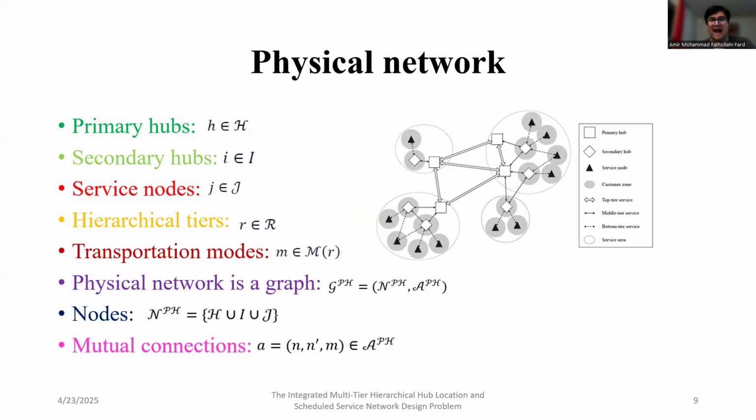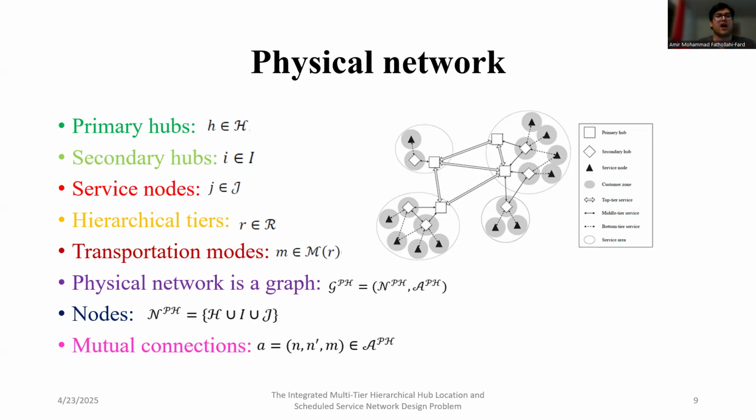So consider that we have three types of nodes. H belongs to capital H, which defines the primary hubs. There are secondary hubs, where index I belongs to capital I. There are a set of service nodes, as the locations or the consolidated demands in our physical network, where we use J belongs to capital J as the service nodes.